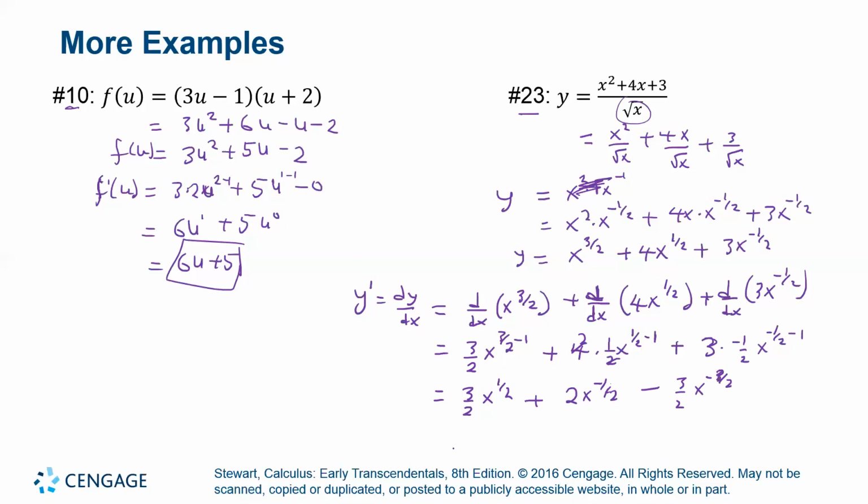Okay, so your final answer will be 3/2 times square root of x, then plus 2 over the square root of x, and then over here we have minus 3 over 2 times x raised to 3/2. So this will be your final answer for that.